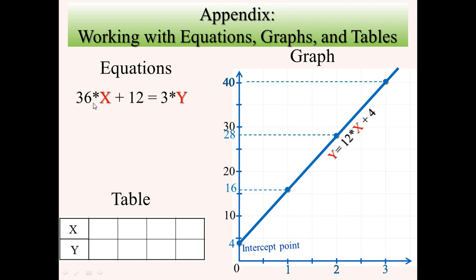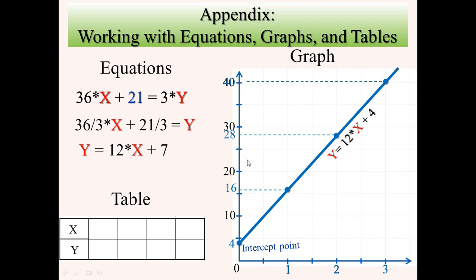Okay. Next one. Now I'm not changing the coefficient of x, still 36. But I change the constant here from 12 to 21. I make it bigger, 12 to 21 is bigger. So what happened? In this case, compare with the original equation.